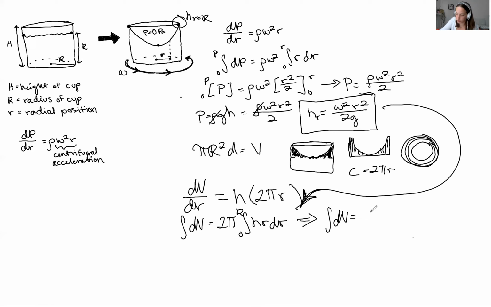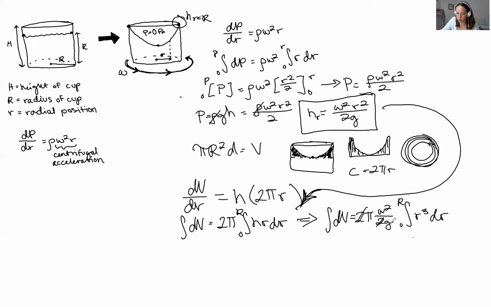So then this will give us, and again, that radial position variable will stay on the inside since that's what we're integrating.